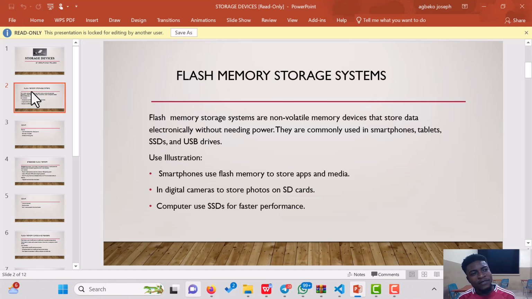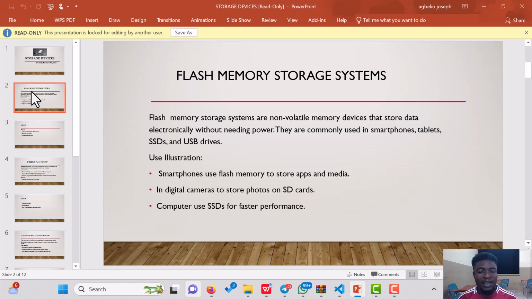The photos and videos that the digital camera we use to take pictures and videos captures, all those files, videos and pictures are saved on the SD card.